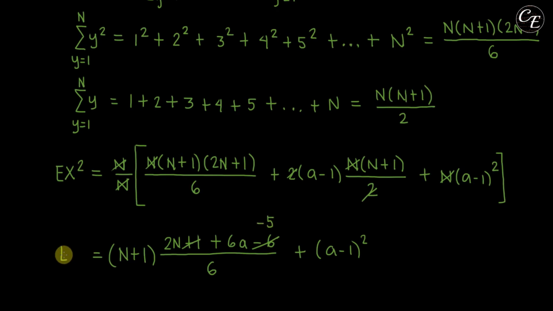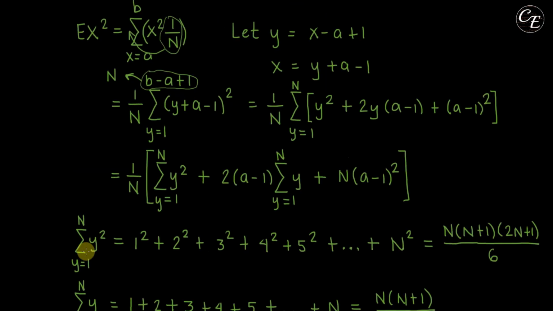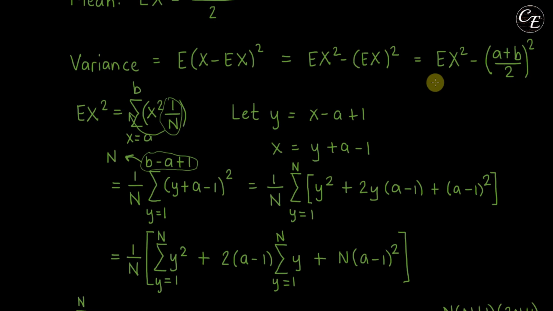Then in here we have plus 1 minus 6 or minus 5. So we have now the expectation of x squared. Now for the variance, it is expectation of x squared minus the square of this.